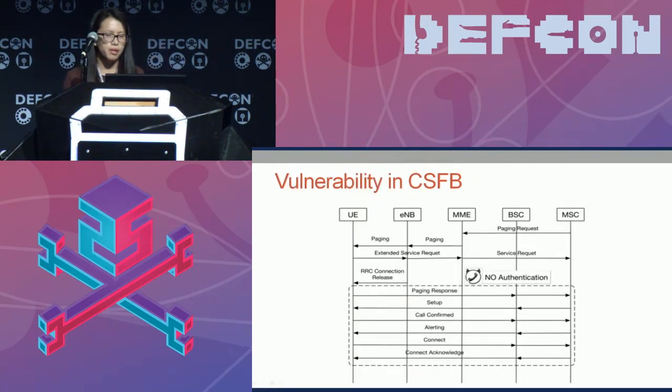This slide shows the signaling flow of the CSFB mobile terminated call procedure. You can see some network elements here: MME for the 4G LTE network, and MSC for the 2G and 3G network.